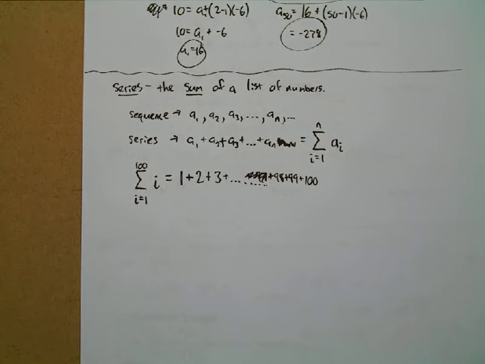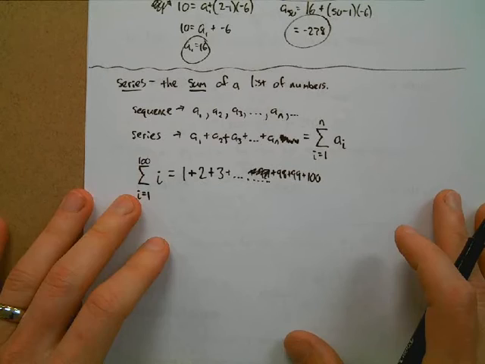What's 2 plus 99? 101. 3 plus 98? 101. And then we add the 98 again with a 3, 99 plus the 2, 101, and then the 100 plus the 1, the 101.